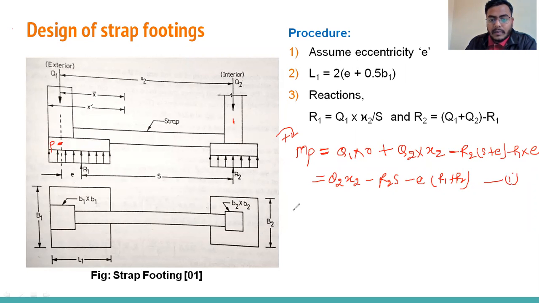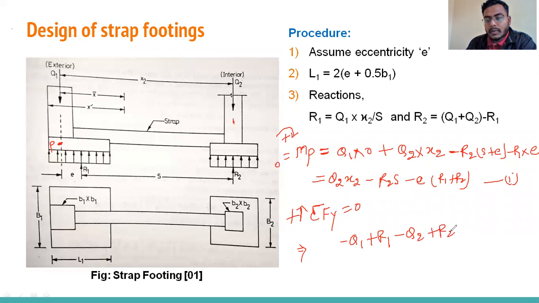Second equation, we take the summation of all the forces in the y direction is 0, to get the equilibrium of this footing. Upward direction I have taken positive, so minus Q1 plus R1 minus Q2 plus R2 equal to 0.